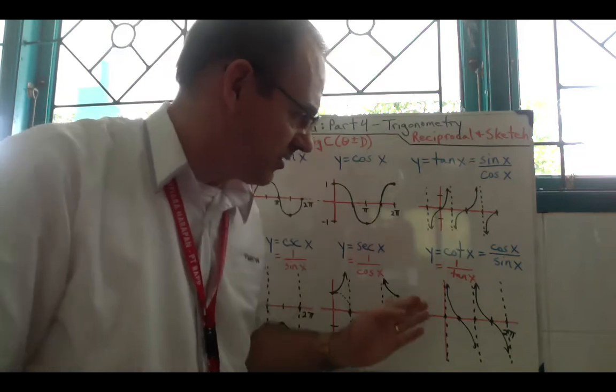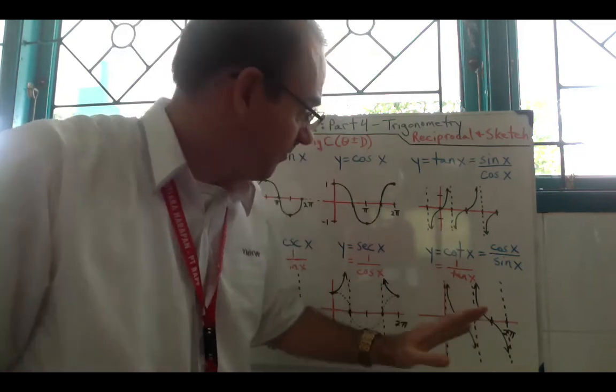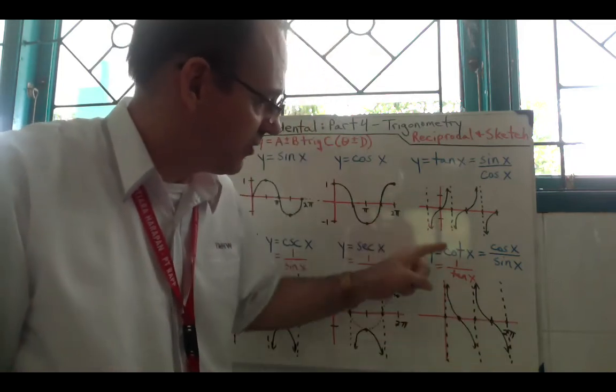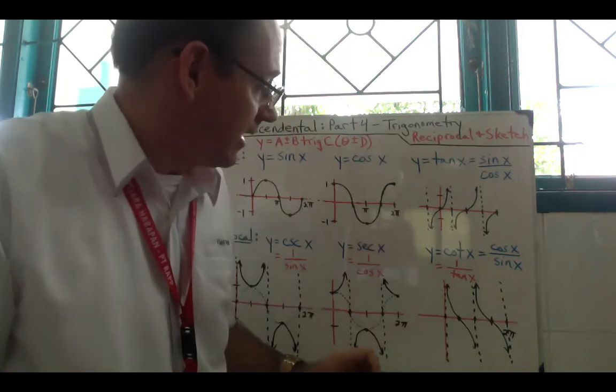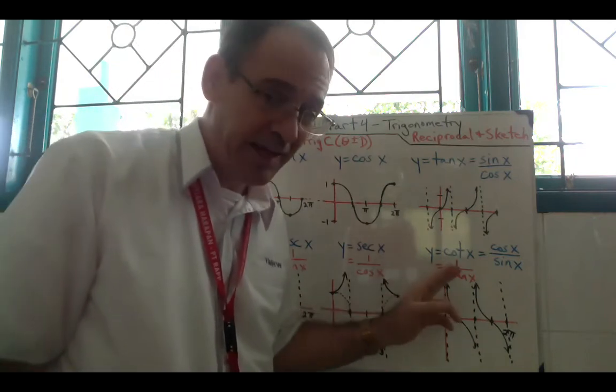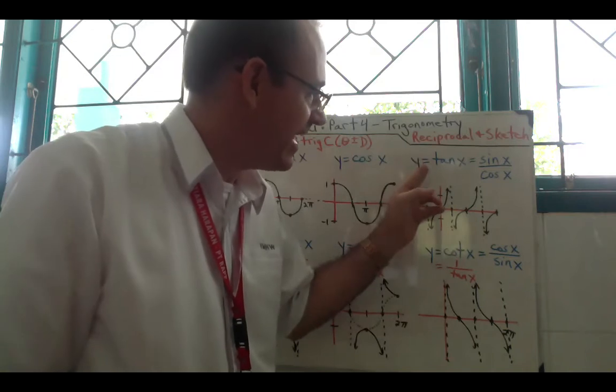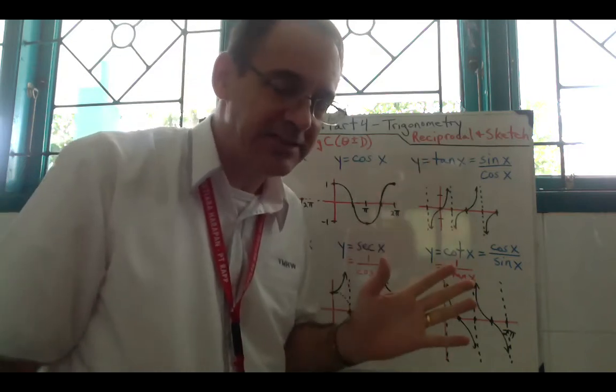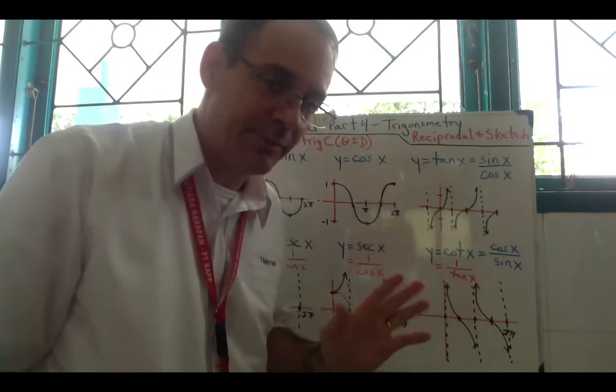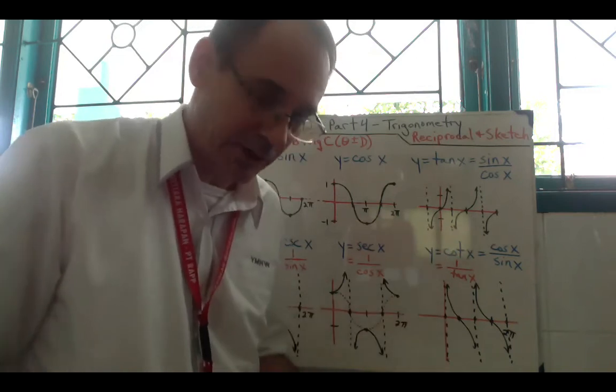So this one is a little bit more tricky. You've got to remember to switch your direction. In fact, cotangent and a negative tangent are very similar, and the only way you can really tell them apart is from where the asymptotes are located.